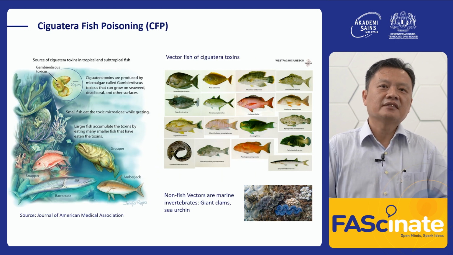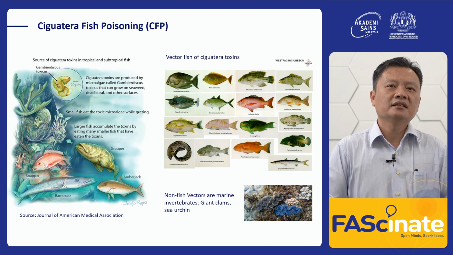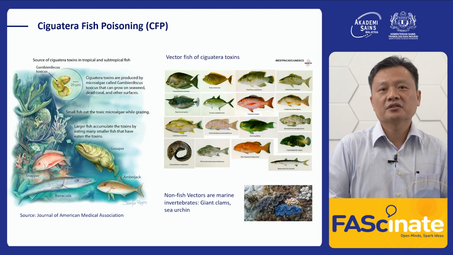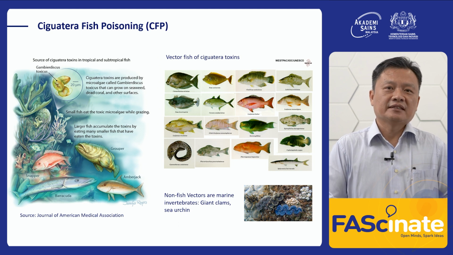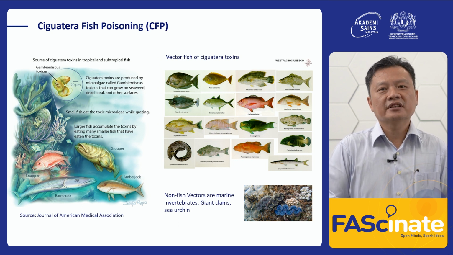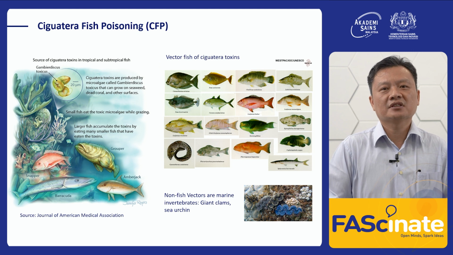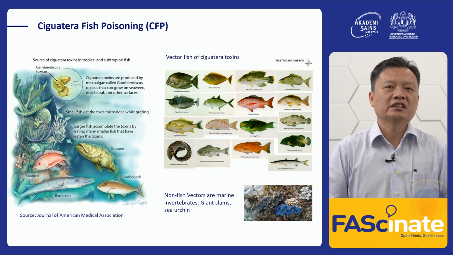The second type of algal bloom event related to human poisoning that I would like to share here is what we call ciguatera fish poisoning. Many species of reef fishes, for example barracuda, snapper, and grouper, or eel, become not safe for consumption, or vectors of poisoning.